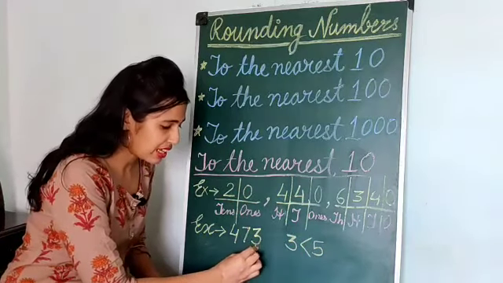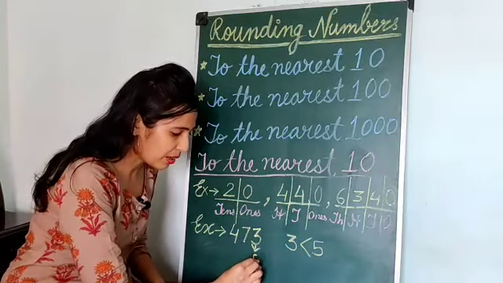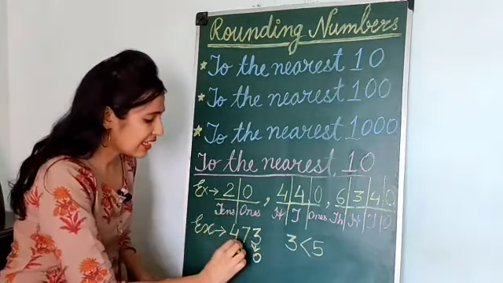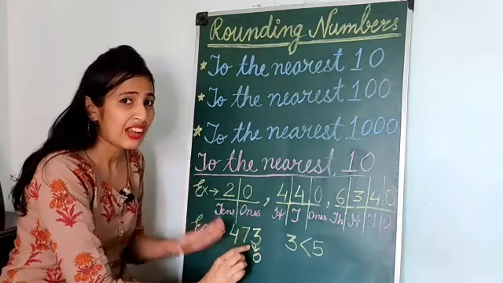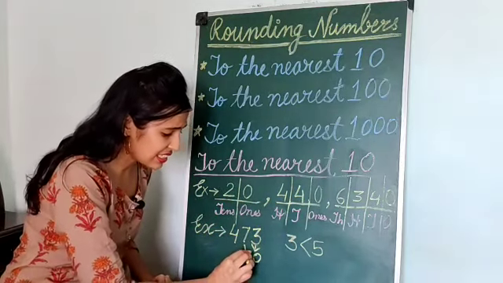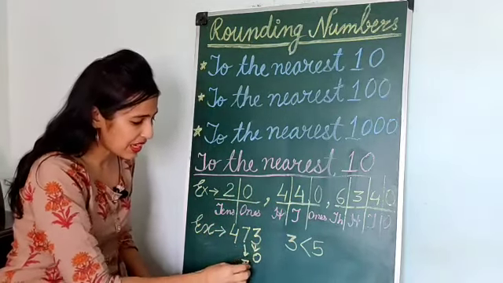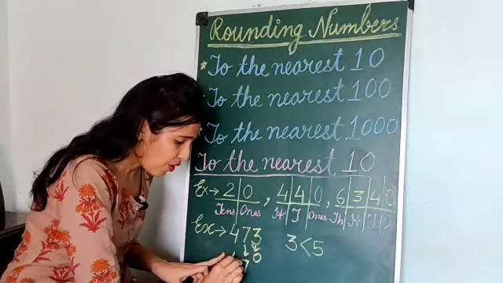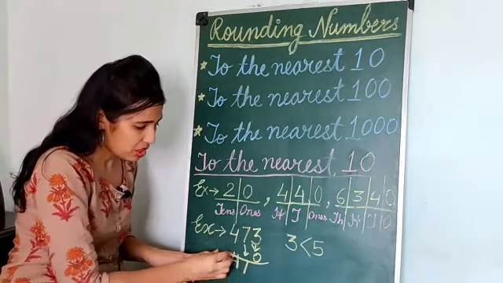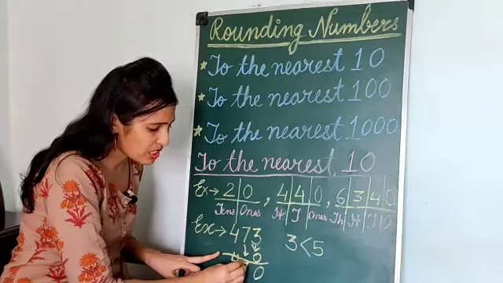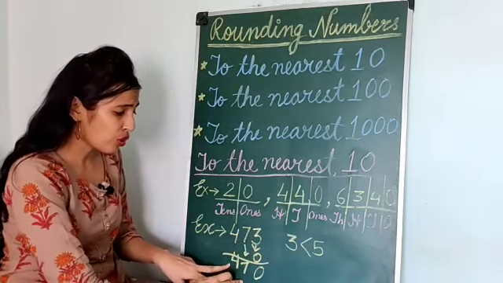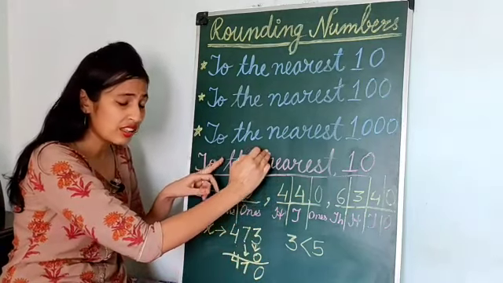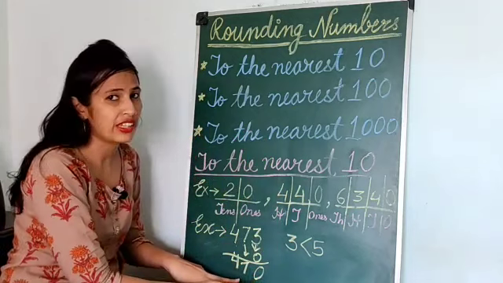I will just place 0 in the place of 3 and I will not add anything in the tens place. I will write 7 as it is in the tens place and also 4 in the hundreds place. So the number would be 470. When we round off 473 to the nearest 10, the number will be 470.